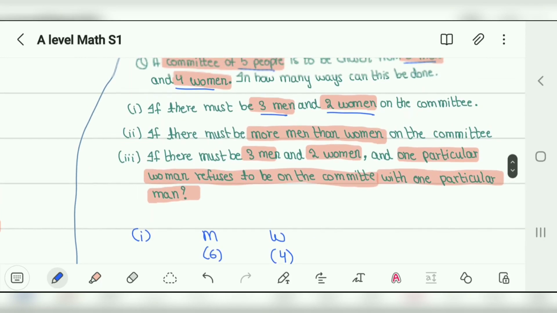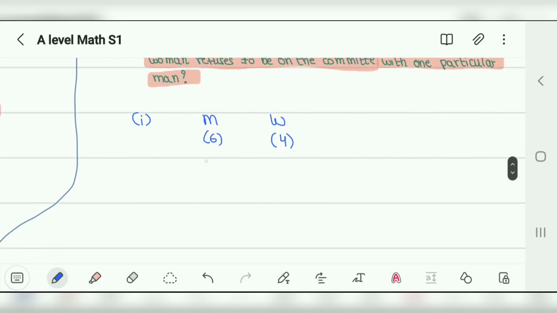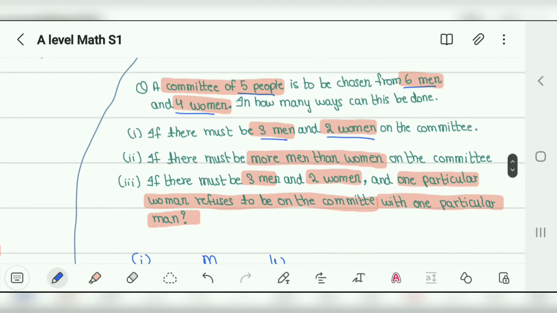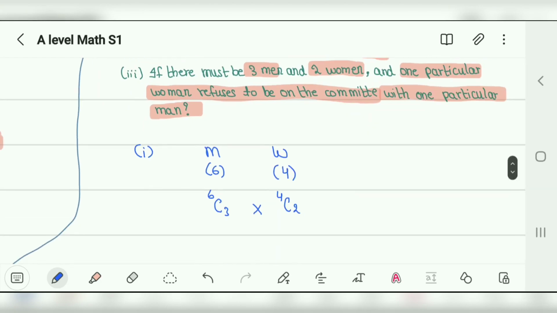It says it must be 3 men and 2 women. Okay. 6C3 and 4C2 multiply. Okay. And how many ways can it be chosen? We just need to make a selection, and so this is the answer of part 1.